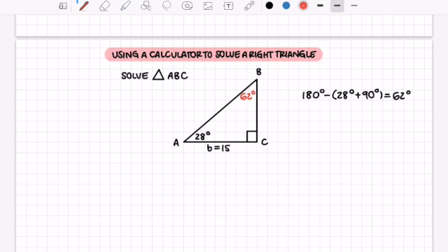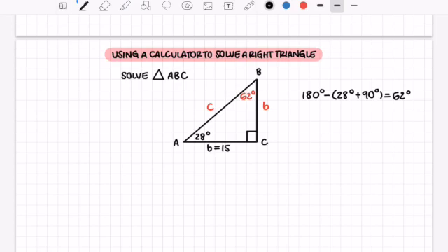Okay. And so we're trying to solve for the triangle ABC. So far we have the degree, which is cool, but we need to find two missing lengths over here and over here. One of them is supposed to be for C, the other one's supposed to be for lowercase b. And so then we're going to figure out what those lengths are as well. So what we can do is use our trigonometric ratios.